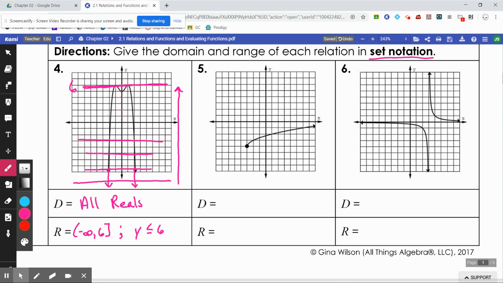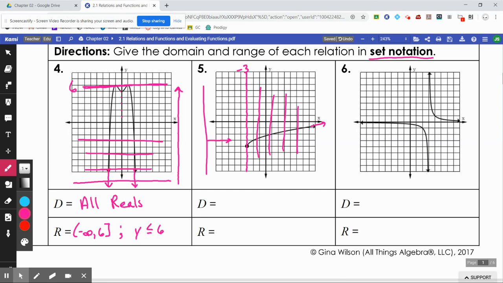Number 5, your domain. Left or right, draw you a vertical line and start moving it and ask, where does my graph start? My graph starts here when I'm dealing with my x's. Where is here? That's going to be an x value of -3. And notice, how far does your graph go? Well, it goes forever because you got the arrow. You never have an ending point.